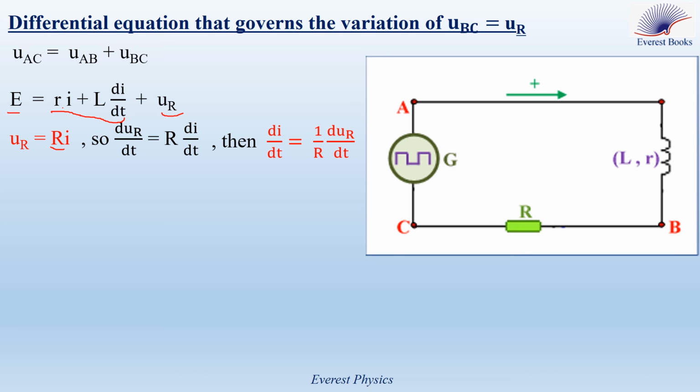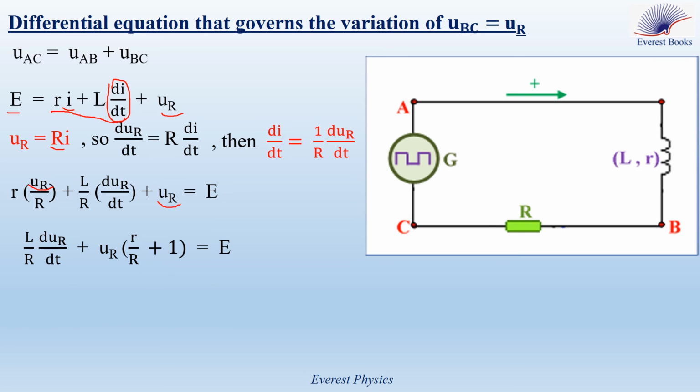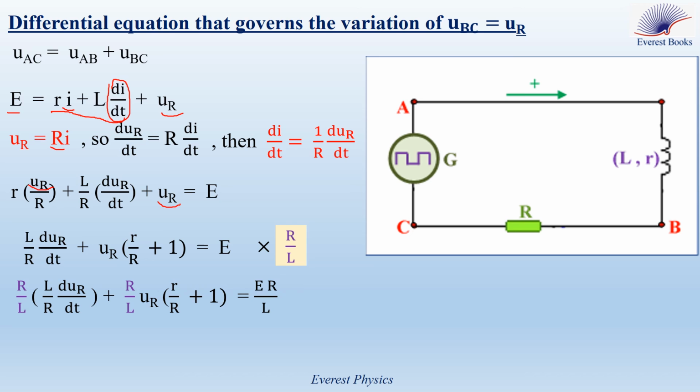Now replace I by UR over R and replace di by dt by 1 over R times dUR by dt, we get this equation. So take UR as a common factor, then we have a new equation. Multiplying both sides by R over L, we get this equation.